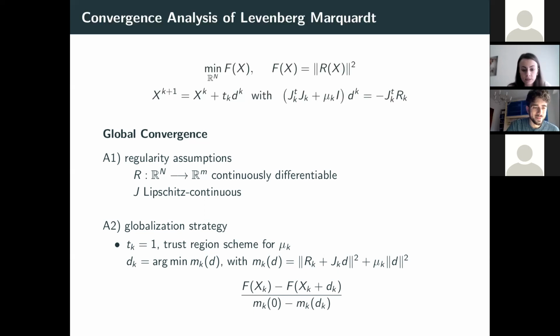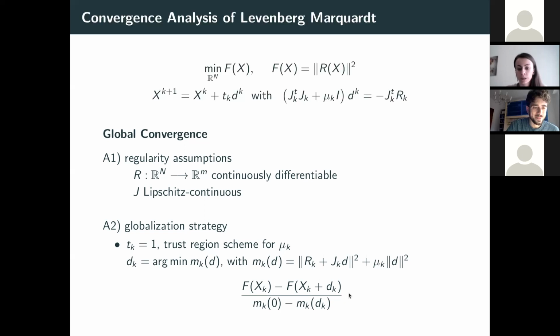So that means that we update it according to how much progress we're making in minimizing our objective function. So we consider this ratio here. Here we have the decrease given by d_k in the objective function. And here we have the decrease given by d_k in our model, m_k. So if this number is large, then it means that the decrease in the objective function is good compared to the decrease in the model.